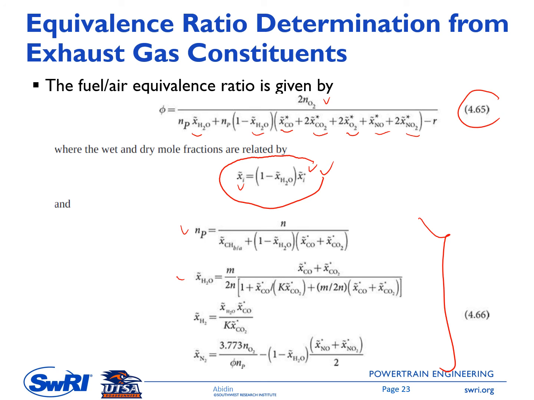Okay, this is the formula to get the wet mole fraction of hydrogen, and this one is to get the wet mole fraction of nitrogen. So using these formulas, you can get phi from the measured exhaust gas composition. So this is an important formula that is also used at Southwest Research Institute to get phi from the measured exhaust gas composition.